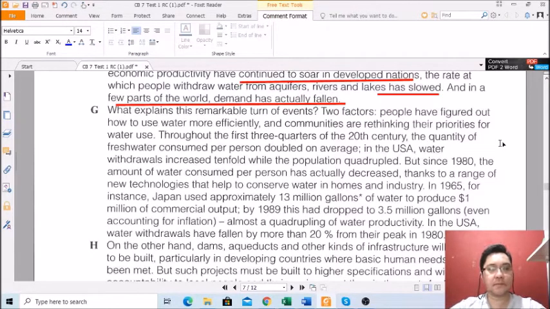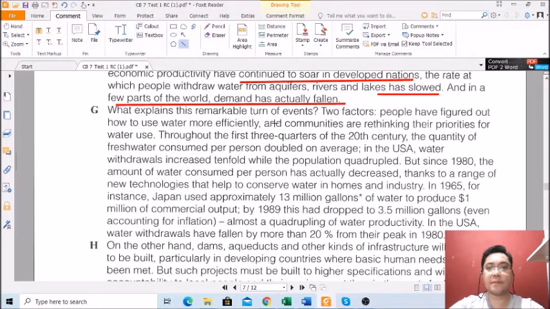It's a bit long. You need to think the main idea, the umbrella factors that can wrap the other information under it. So let's check.